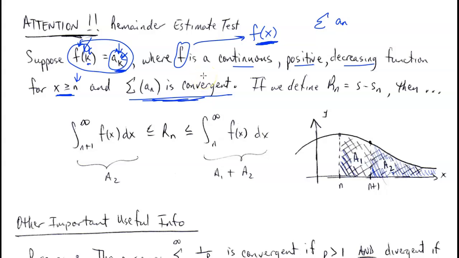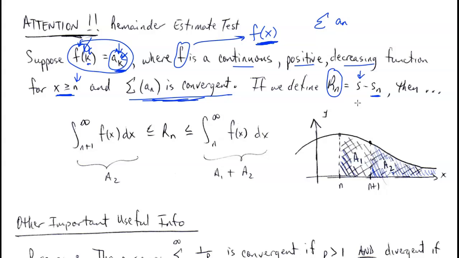If we have all three of those things going on, then we can say that our remainder estimate, meaning our value for the sum of the series, if we were to list the first n values of that series, will be whatever the actual sum is if n was allowed to go to infinity, minus the nth partial sum of that particular sequence.